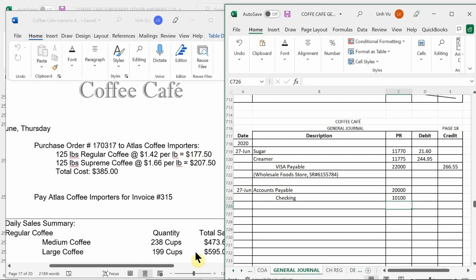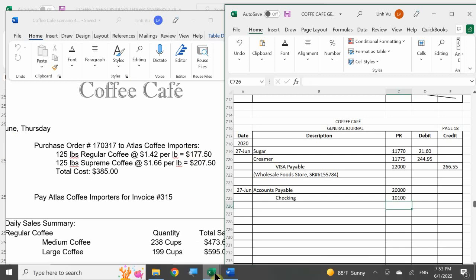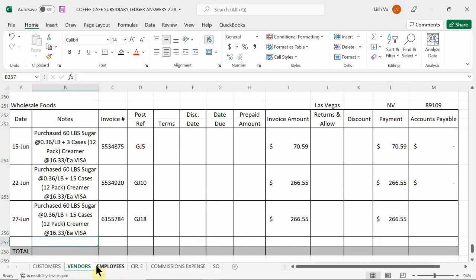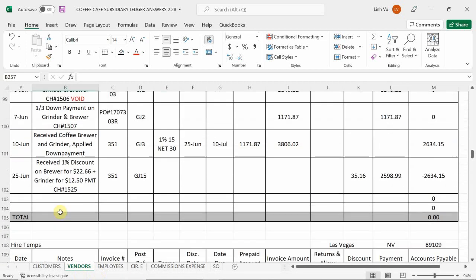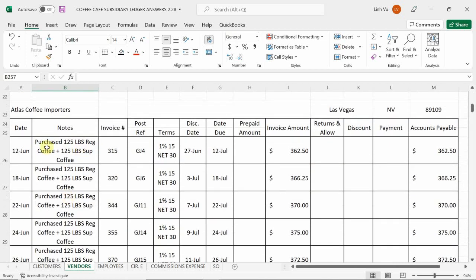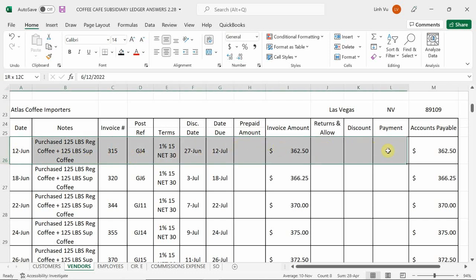Now, how much do I know that I owe? I'm going to have to go to my subsidiary ledger to go ahead and find out that detail. So here we are in vendors, Atlas Coffee. We're paying for this invoice right here. So let me highlight this real quick. Okay, just so we can focus on just this invoice right here.